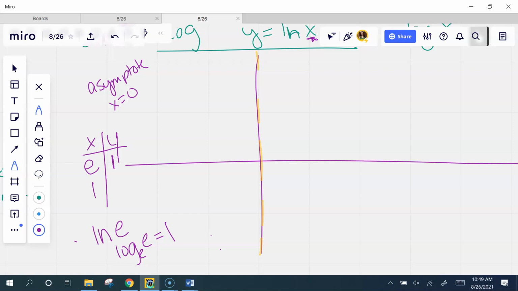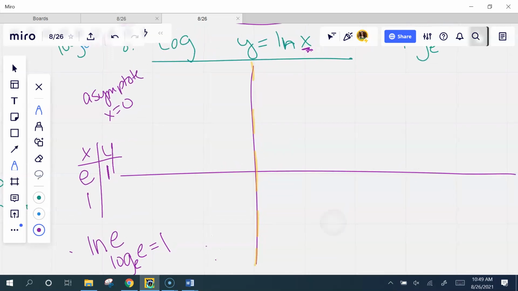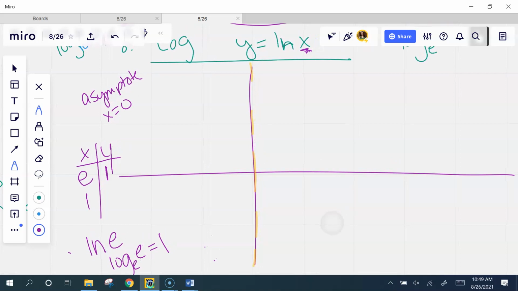X equals is a vertical line. Y equals is a horizontal line. We're gonna practice. Do we just have to know those points? Yes. So I would go 1, 2, up to 1, right?